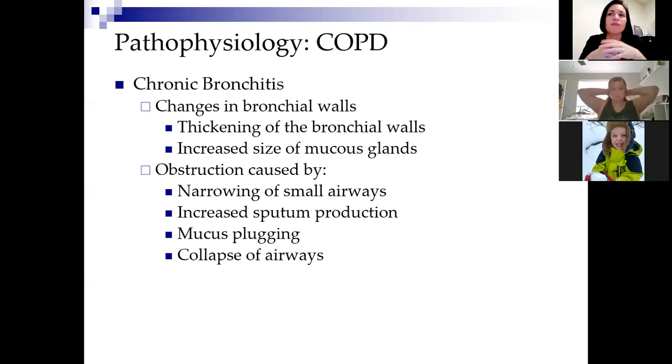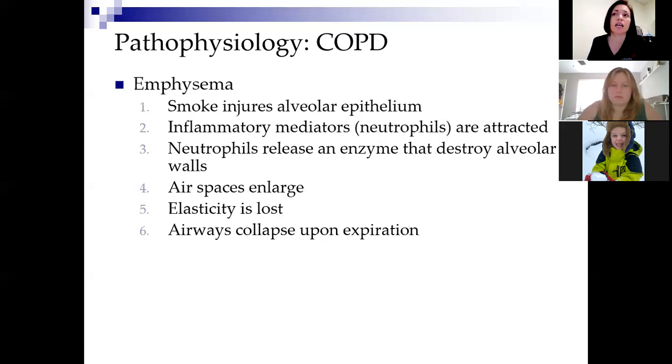We see the narrowing of the airway, increased sputum or mucus production, mucus plugging, and then airway collapse. Things get overinflated sometimes and then can collapse down, and then they won't inflate again, so you can't get that oxygen exchange.